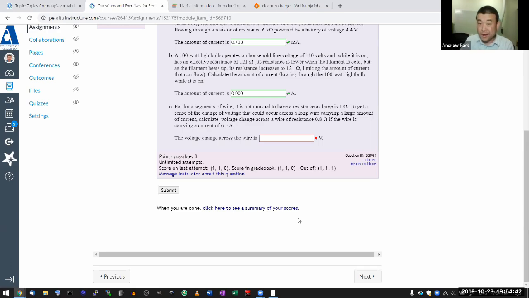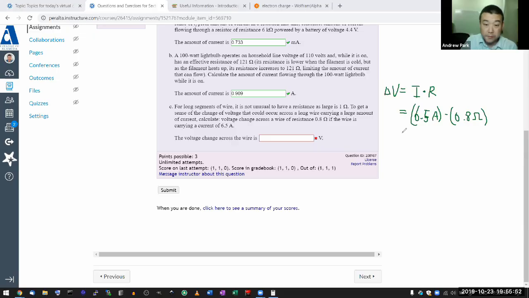So one thing that you should know about voltage change: the change in the voltage across the wire is going to be the current through the wire times the resistance of the wire. It's a version of Ohm's law, or it is Ohm's law. So you say that is equal to the current of 6.5 amperes times the resistance of 0.8 ohm.